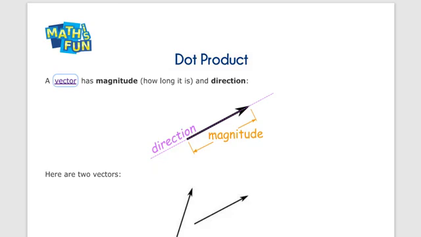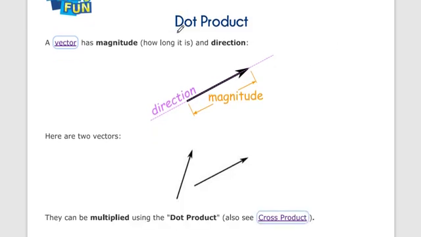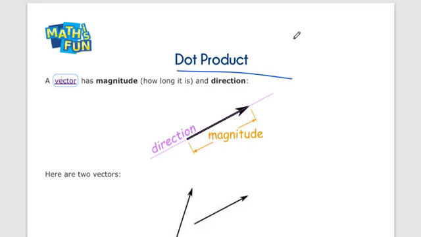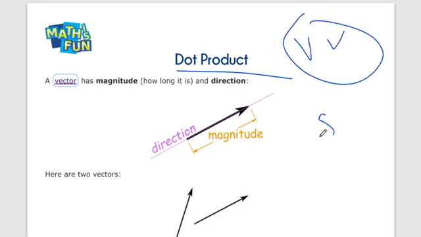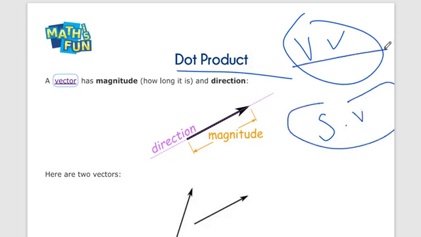Let's start with the dot product and cross product. Okay, there are two methods to find vector to vector product. Okay, we already discussed scalar to vector product. So now there are two methods for two vector multiplication. One is dot and one is cross.